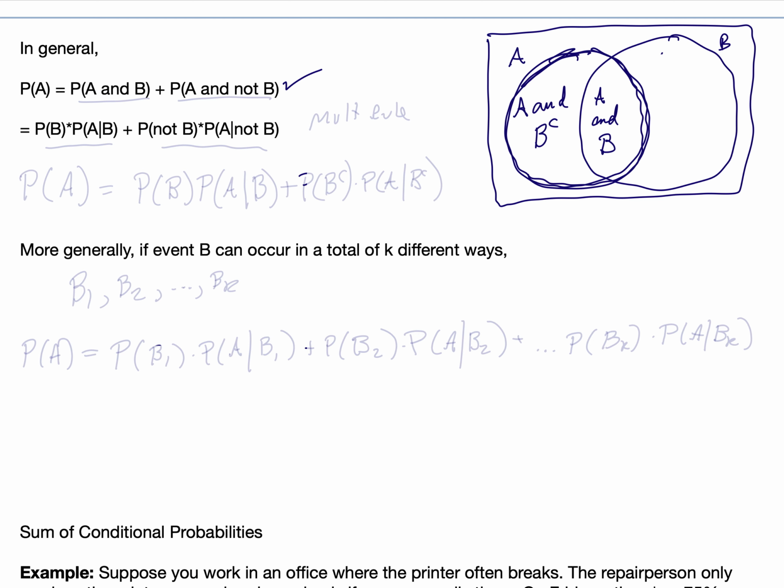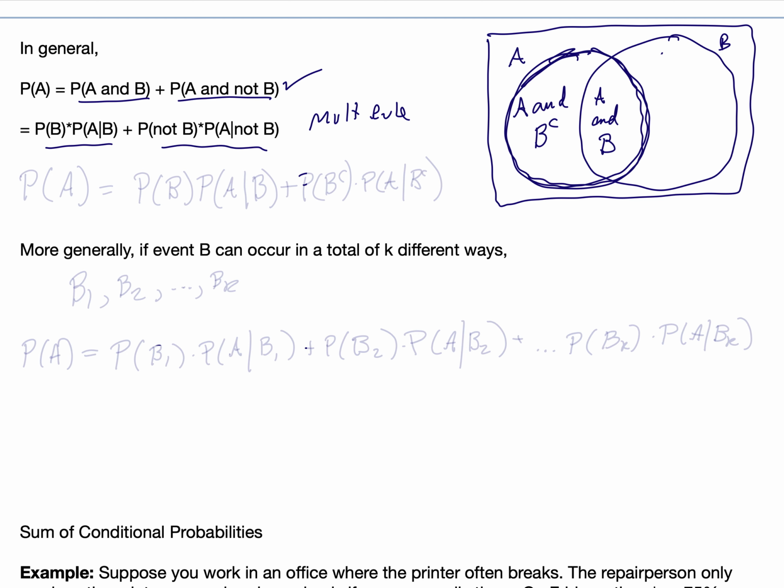Then we can further simplify that or write it in a different way and say that I know by the multiplication rule that the probability of A occurring and B occurring is the probability of B times the probability of A given that B occurred, plus now the probability that A occurs and B does not occur is the probability that B did not occur times the probability that A occurs knowing that B did not occur.